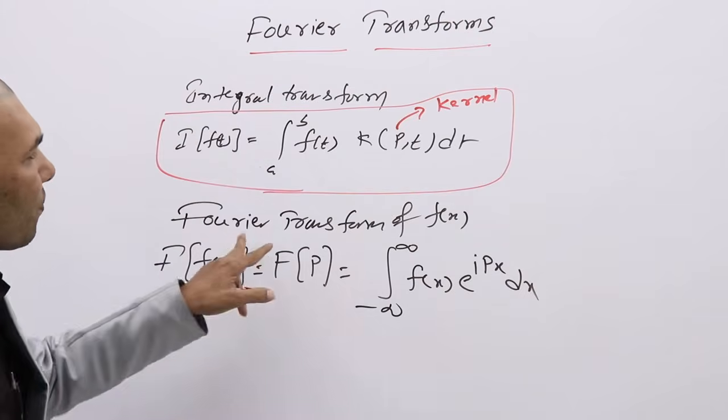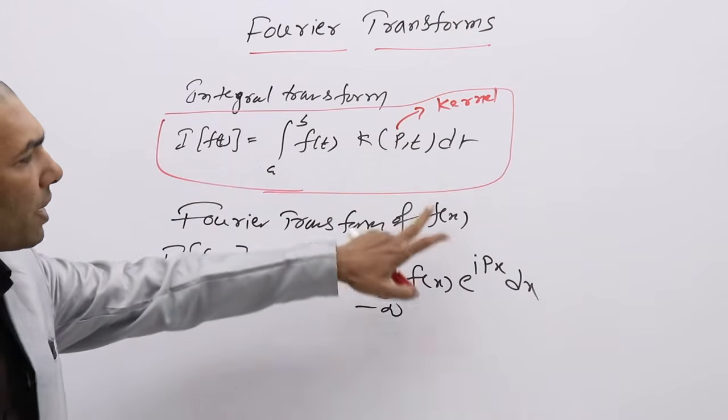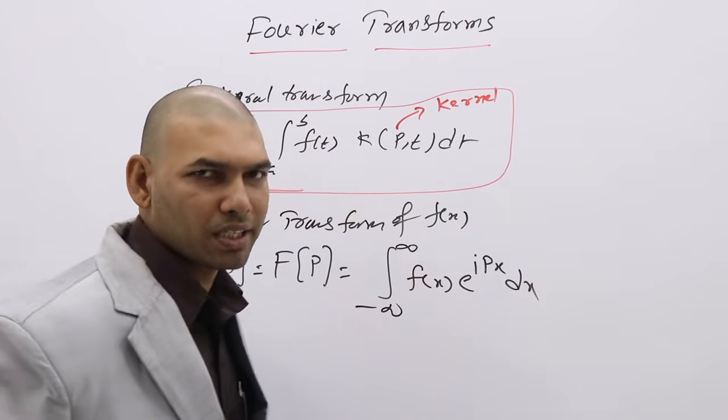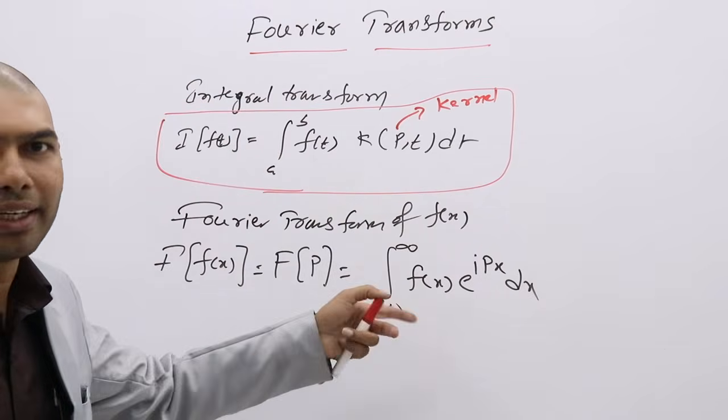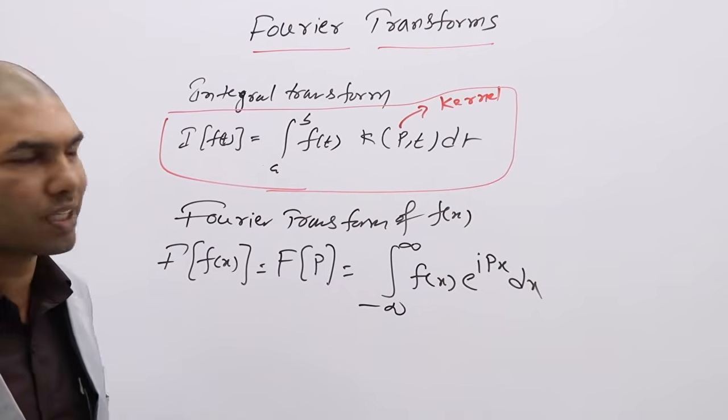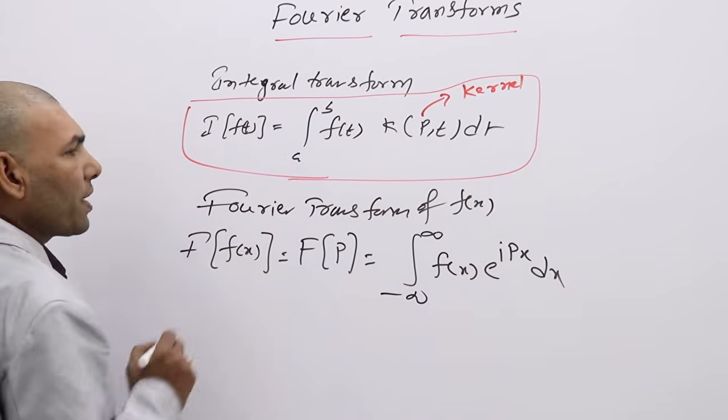The kernel for the Fourier transform, that is k of p comma t, is e power ipx. For the Laplace transform, e power minus pt, in terms of s, e power minus st. Now this is the Fourier transform.